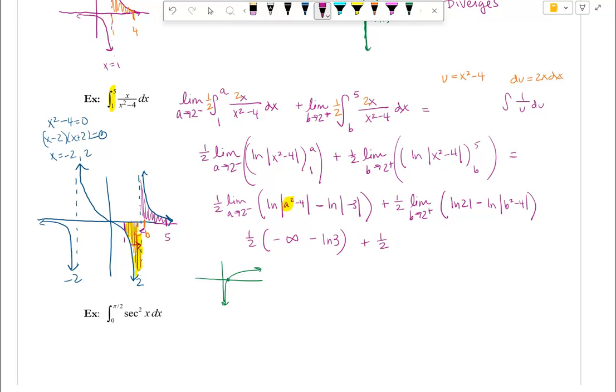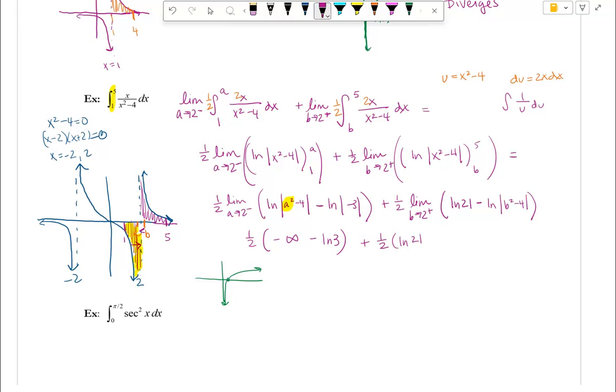All right, for the second piece, again, I've got the natural log of 21. And then as I apply my limit as we approach 2 from the right-hand side of 2, when I square that, I'm going to get a number that's just a teensy tiny bit more than 4. But when I subtract 4 from that, I'm going to basically get 0 again.